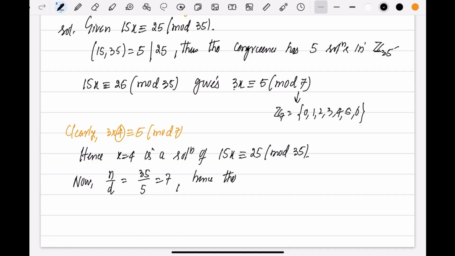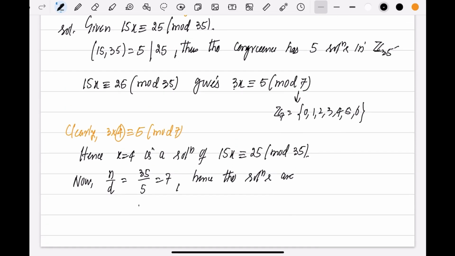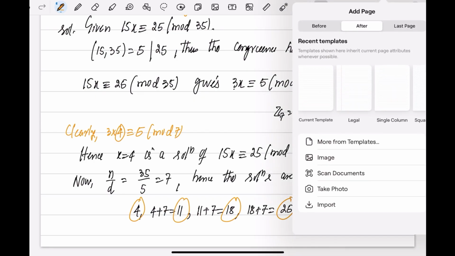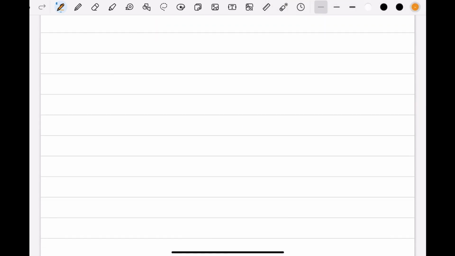Hence the solutions are: first 4, next 4 plus 7 equals 11, then 11 plus 7 equals 18, then 18 plus 7 equals 25, and another solution is 25 plus 7 equals 32. Now 32 plus 7 will be bigger than 35. Let's count: 1, 2, 3, 4, 5. These are the 5 solutions of the given congruence in Z35.